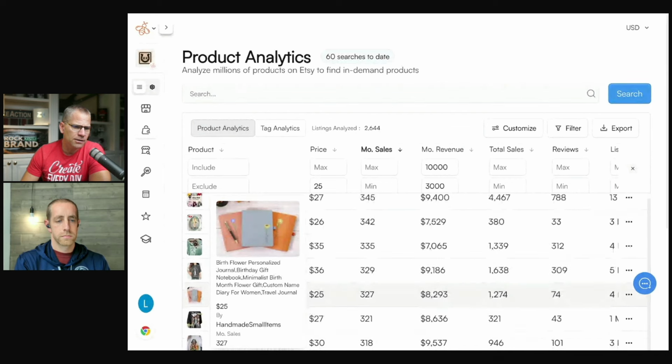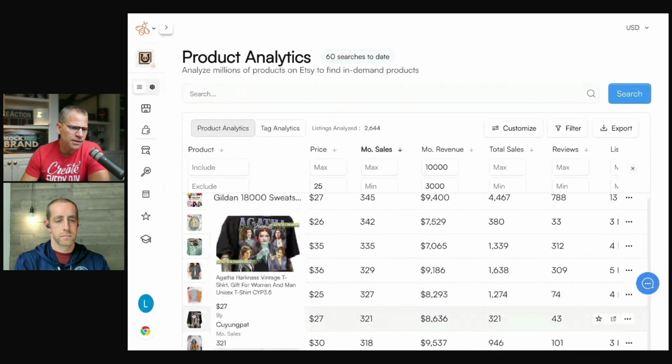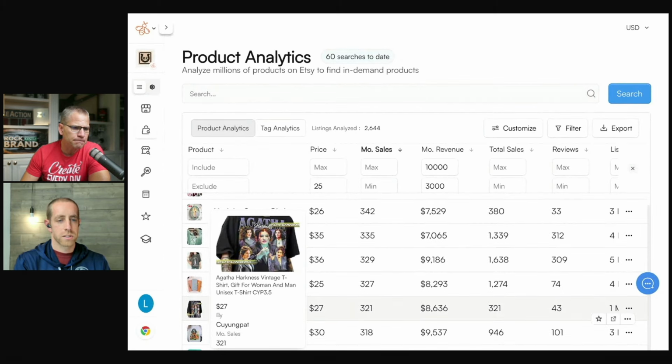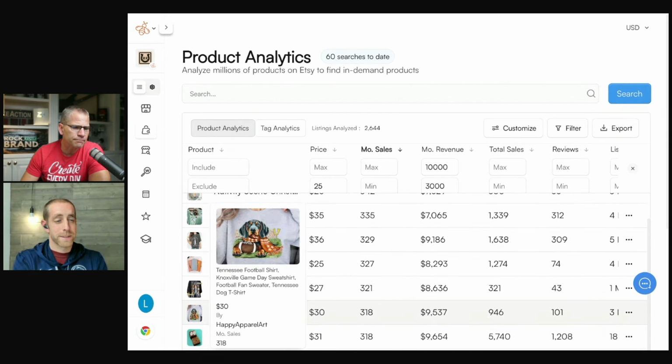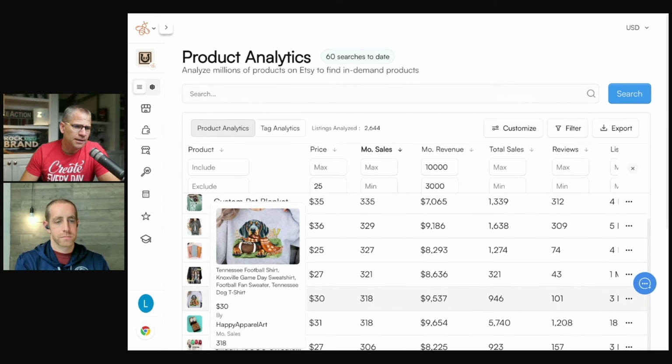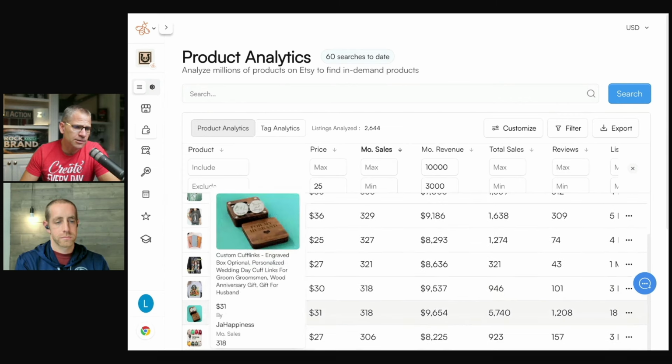Then you have here, it's probably something along the lines of a singer or, looks like Marvel, which again is not something you want to be doing. Tennessee football shirt. Then we have custom cufflinks.